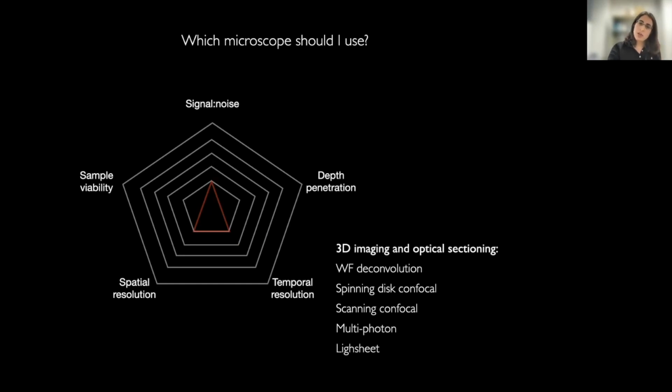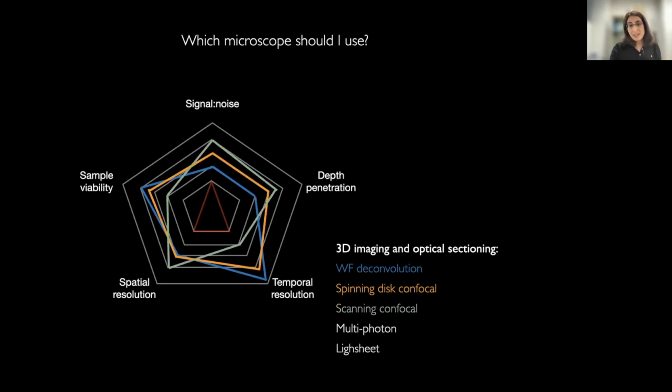However, just to touch base on how things look, for instance, for wide field deconvolution systems or wide field systems, temporal resolution is unbeatable, it's pretty fast. If you go to the confocal systems, the one which performs best in terms of speed is the spinning disk, and the least is the scanning confocal microscope.